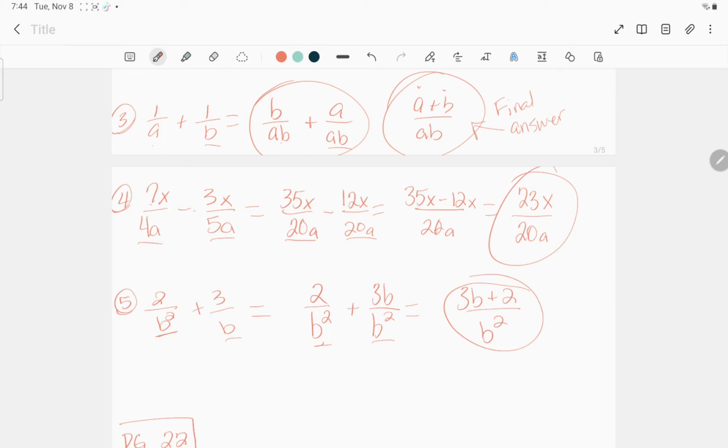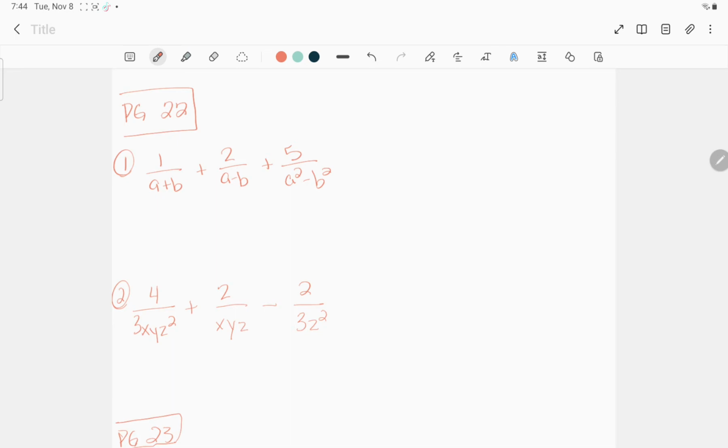Okay, so we're going to move on to page 22. All right, so starting right here on page 22, you notice that I'm only doing 2 of these. If you did not understand what we just did over on page 20, you need to stop and go back and watch that again.